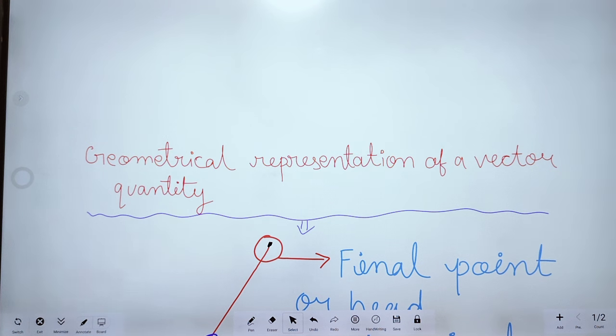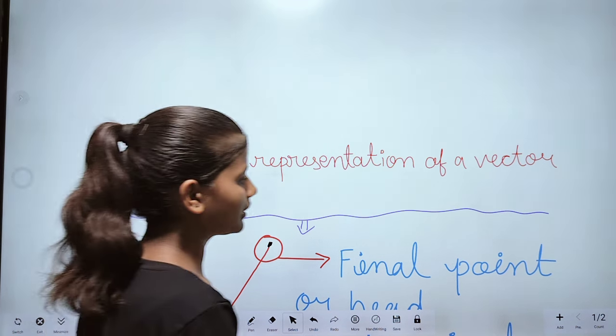Now let's discuss the algebraic representation of a vector quantity.